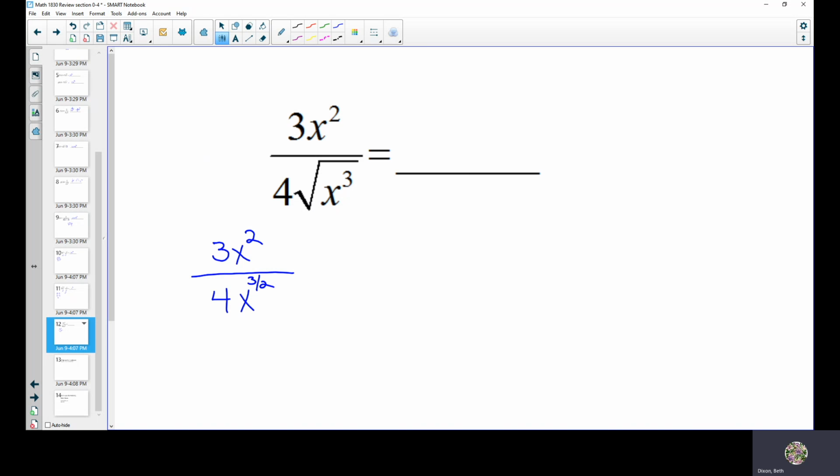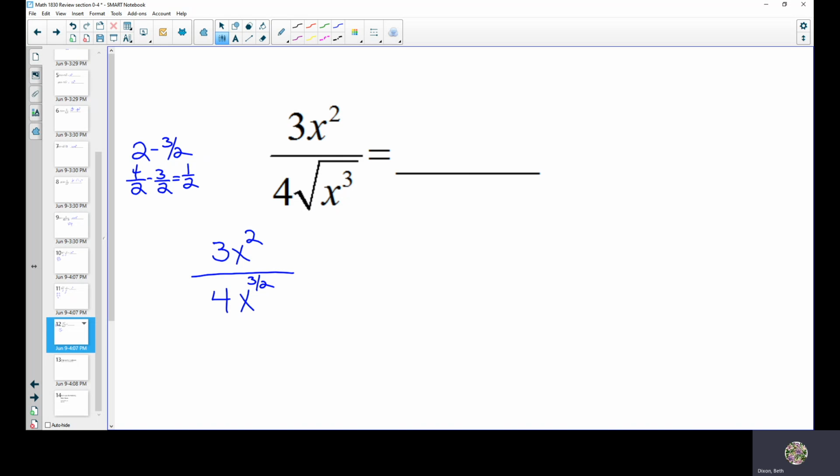So now we have 3x squared over 4x to the 3/2. In this case, I'm just going to subtract 2 minus 3/2 to get my power of x. So 2 becomes 4/2 minus 3/2 equals 1/2.